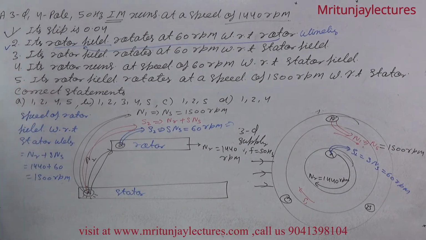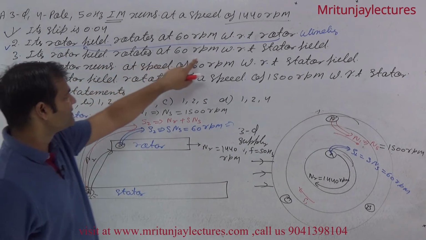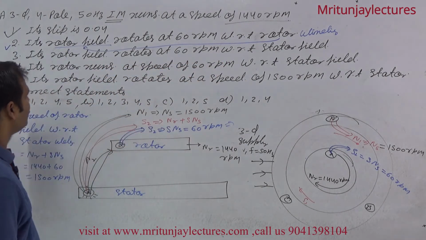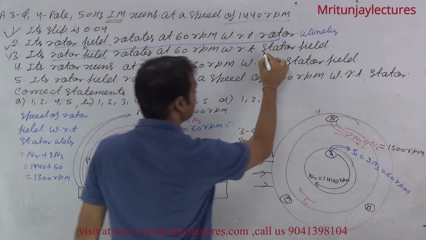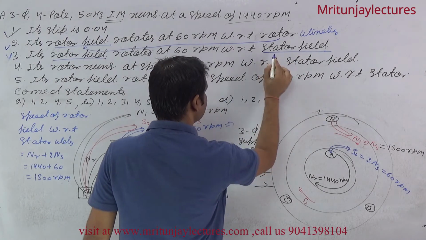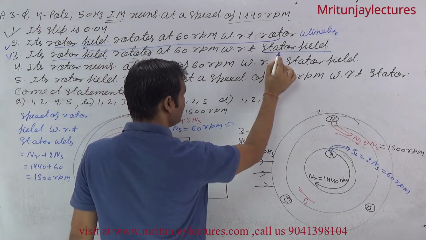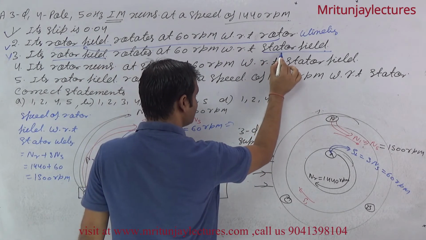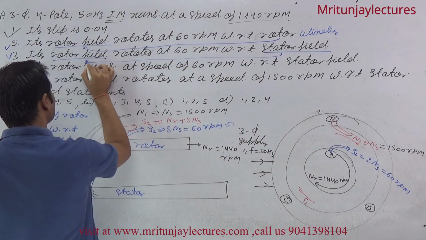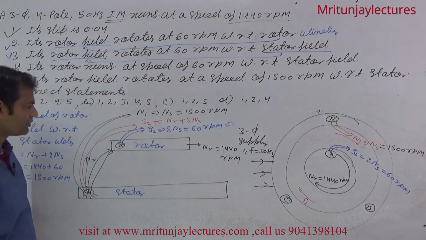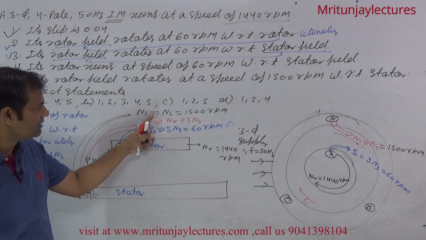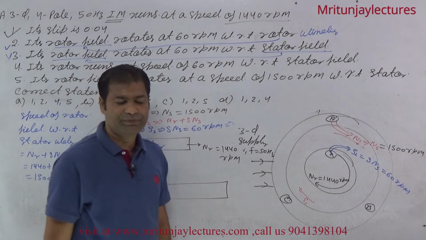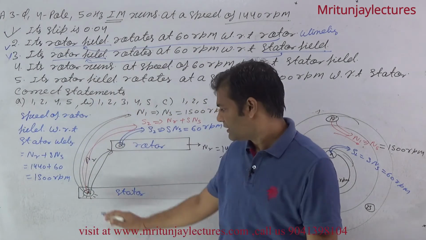Now the third: the rotor field rotates at 60 rpm with respect to the stator field. No. Why? Rotor field and stator, with respect to the stator winding. If you sit on the stator field and see the rotor field, the stator field is 1500 rpm with respect to the stator structure.